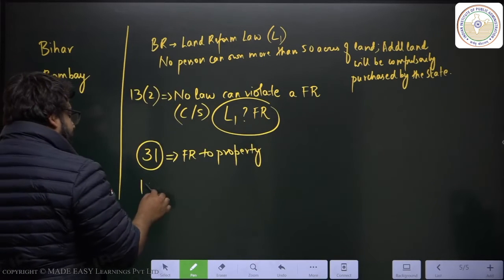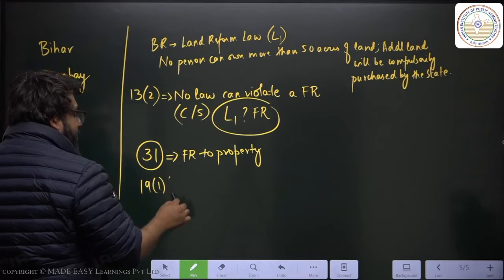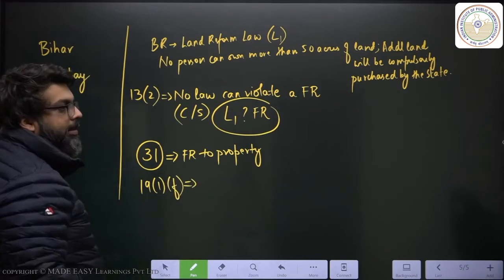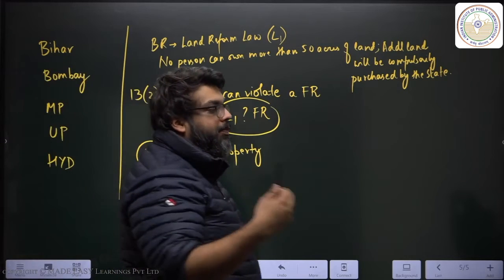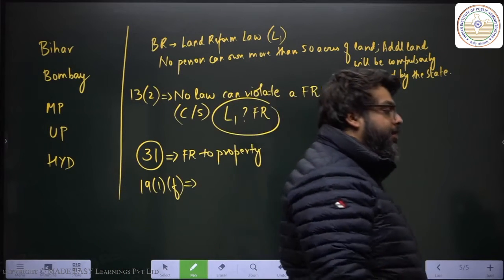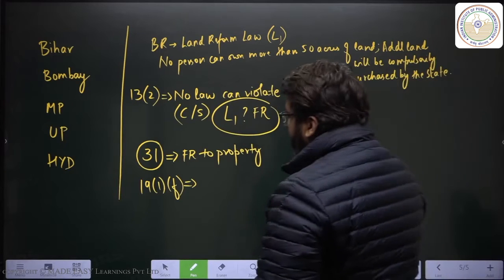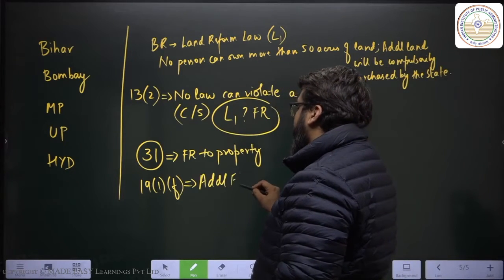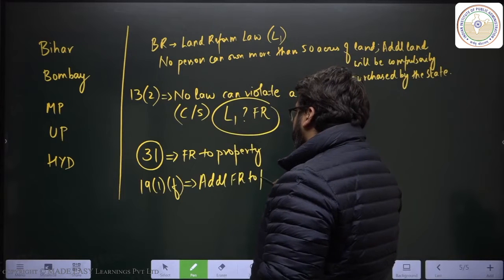Second, we had Article 19, Clause 1, Clause F, which also gave the citizens the right to reside, dispose of, or acquire any property that they felt like. So, an additional fundamental right to property.